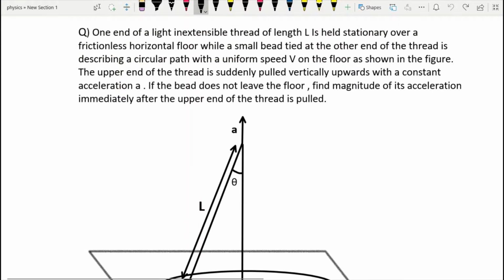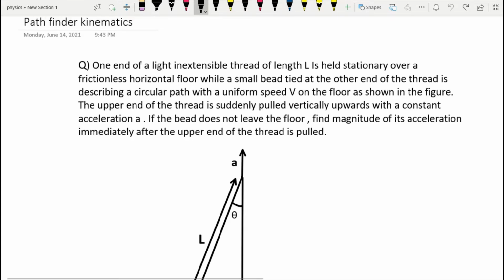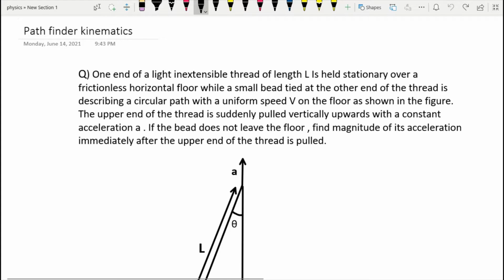The upper end of the thread is suddenly pulled vertically upwards with a constant acceleration a. If the bead does not leave the floor, find the magnitude of its acceleration immediately after the upper end of the thread is pulled. This is a question taken from the Pathfinder Challenge Your Understanding section.